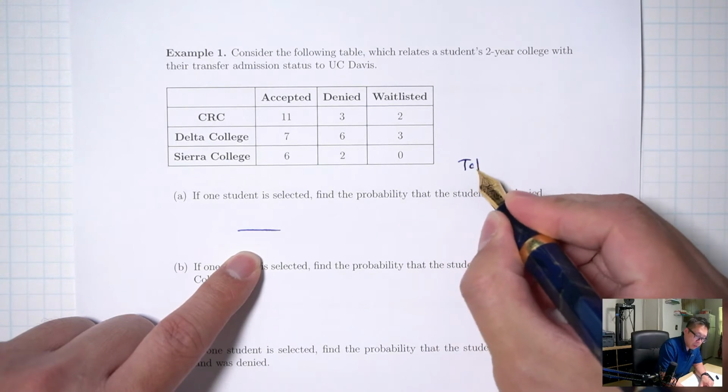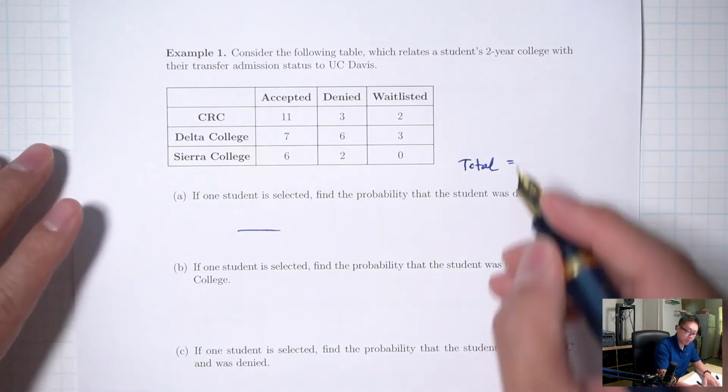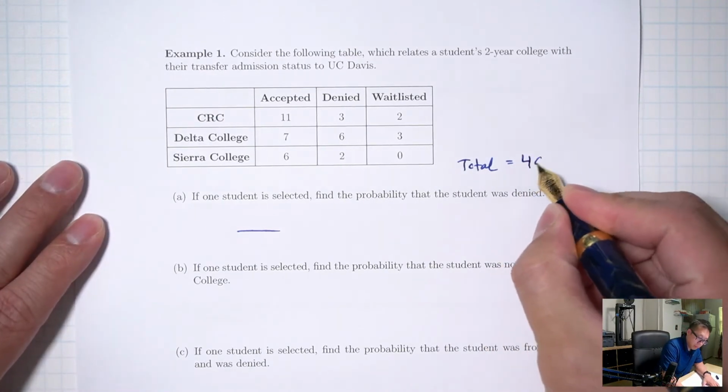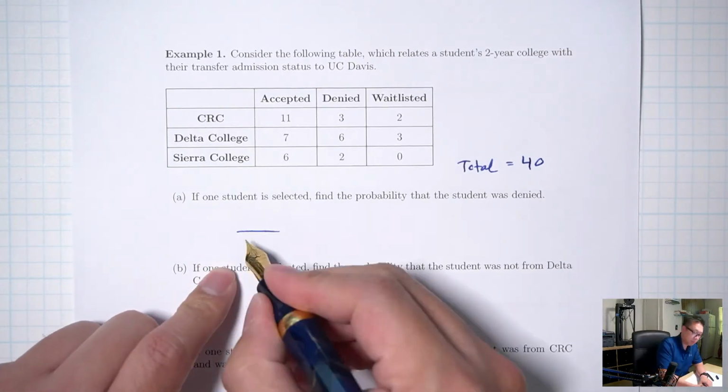So let's add up all these numbers and get a total. 11 plus 3 plus 2 plus 7 plus 6 plus 3 plus 6 plus 2 plus 0. 40. Okay, so there's 40 students total, so I could have picked 40 students. That goes on the bottom.